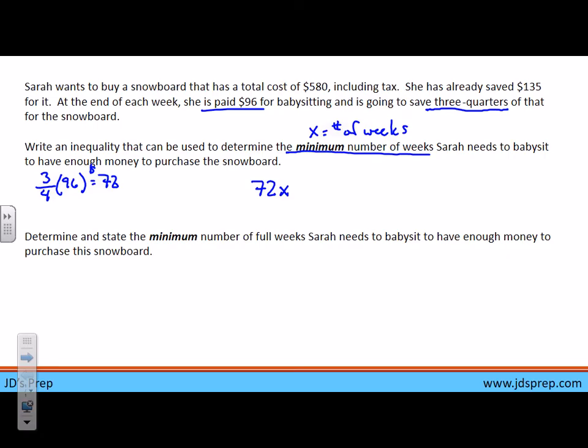The other information is that she already saved $135. So we can tack on that $135 to the 72x. This is going to give us the total amount of money that Sarah has saved.